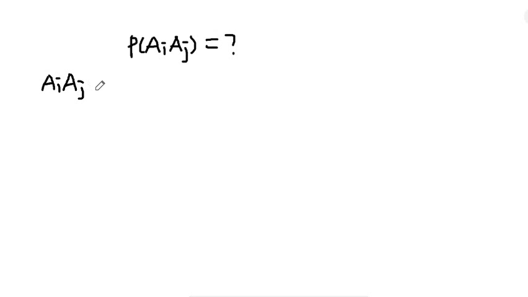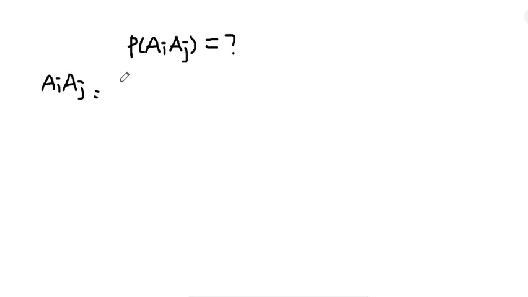Usually there is not a unique solution to work out the probability, but we are trying to figure out the more convenient or clearer way to work it out. So here, the probability of AI and AJ, if we are going to think about this part, let's think about the event AI intersect AJ.